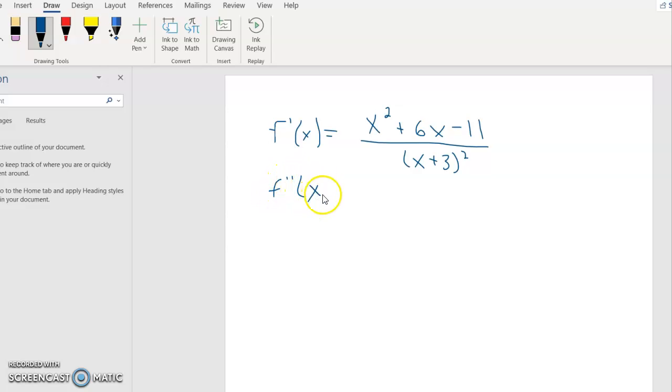All right, so we're going to have the derivative of the top, which is 2x plus 6. And the bottom will tag along. Now we need the derivative of the bottom, so we'll have to use the chain rule here. 2 times the front. Lower the exponent.